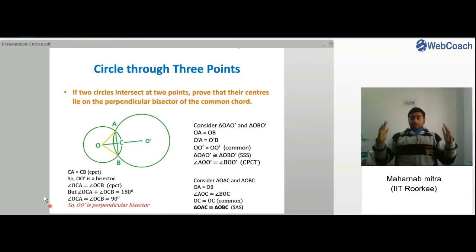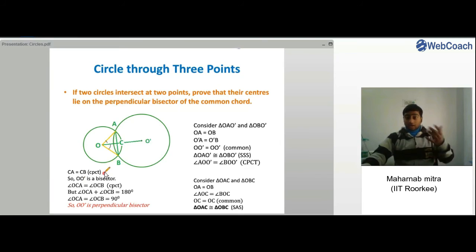So what we have done here: first we considered the bigger triangles OAO prime and OBO prime, so that we can find out one of the criteria to be used in the second set of triangles. From the first set of triangles, the bigger triangles, we have found that these two angles are equal.